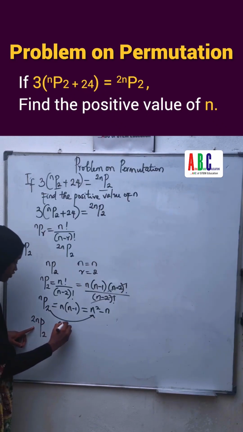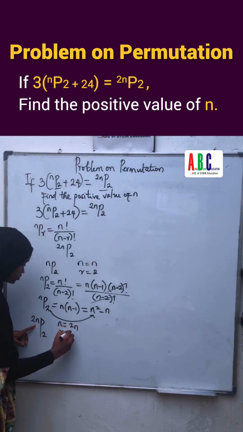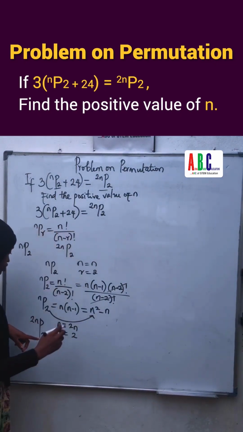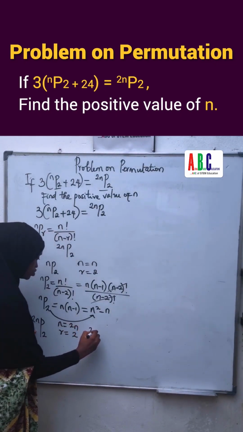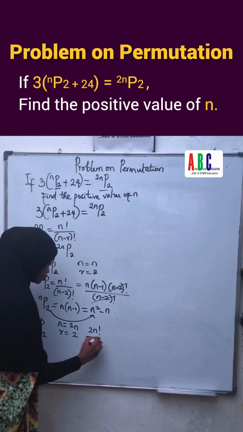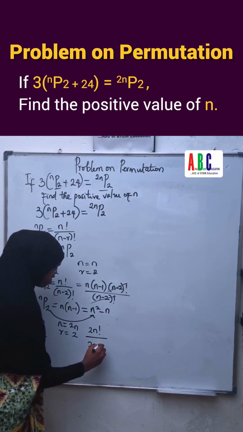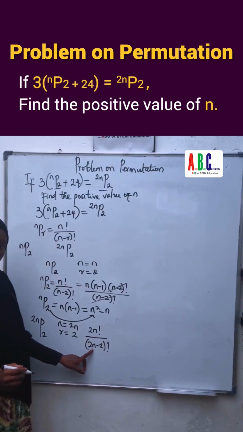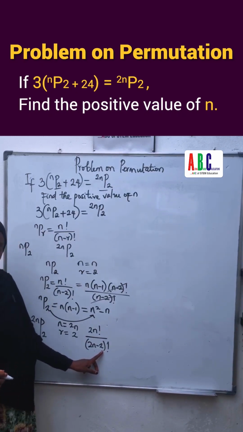In this case, the value of n is 2n, while the value of r is equal to 2. Using the same formula for permutation, this becomes 2n factorial all over (2n minus 2) factorial, where the 2n here is the n and the 2 here represents the r.